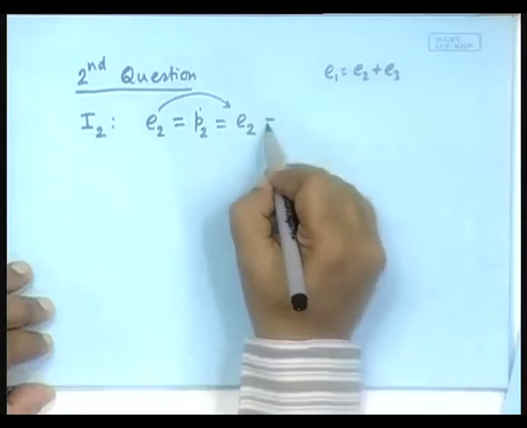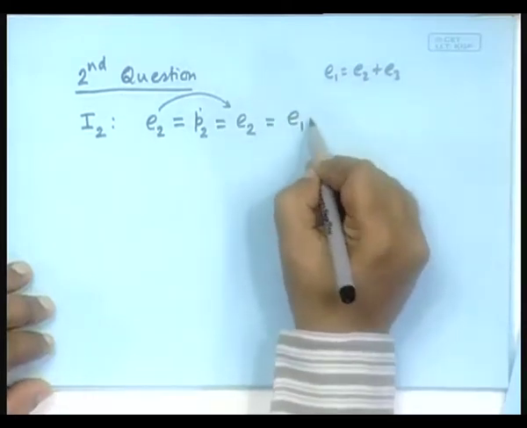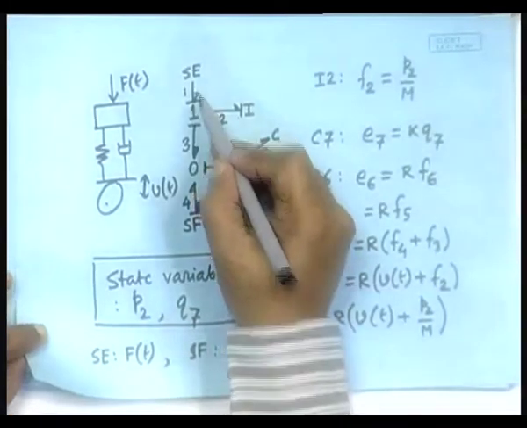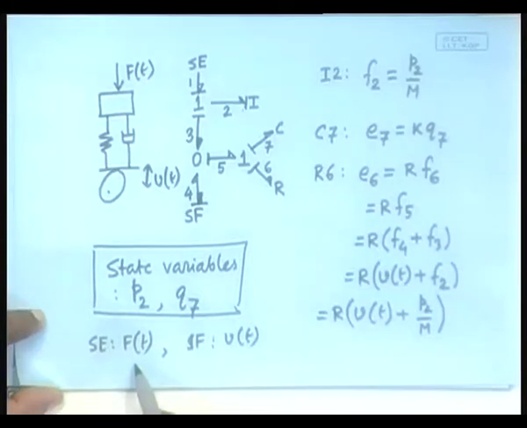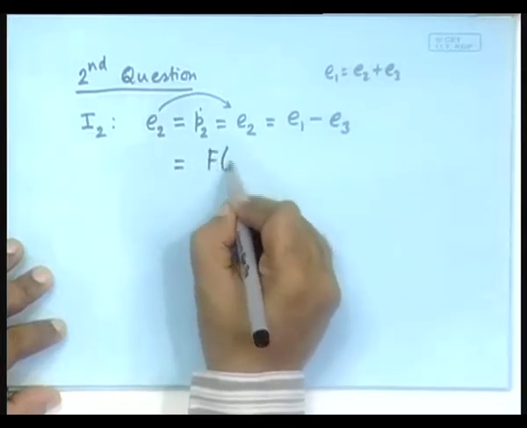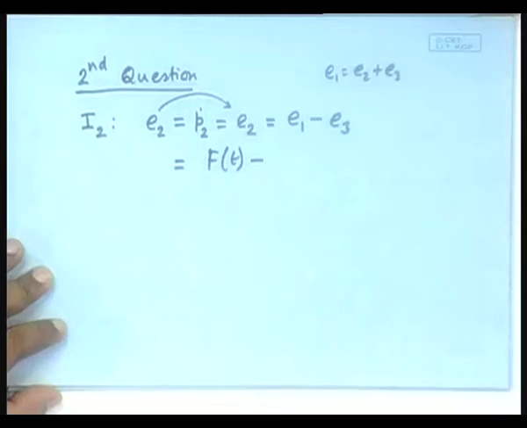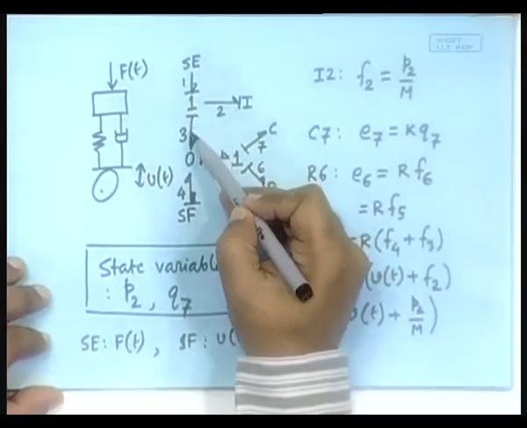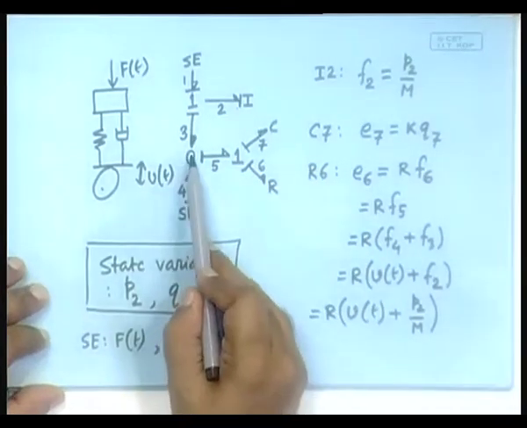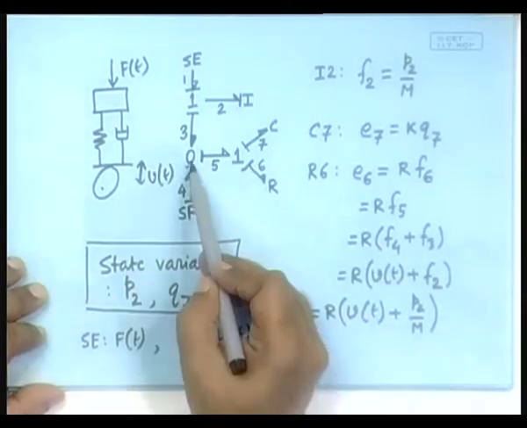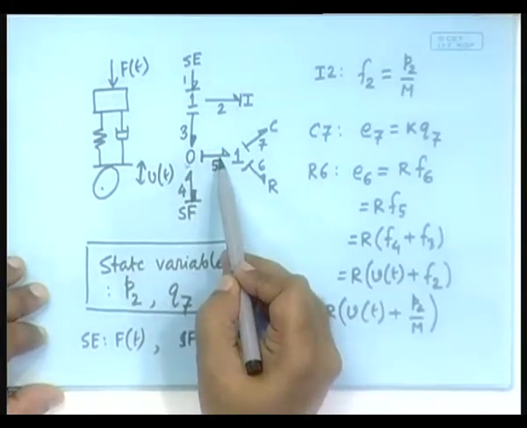So, we can substitute E1 minus E3. E1 is known, E1 is Ft, we substitute, so it is Ft minus E3. Now, where does that information come from? E3 is connected to a 0 junction, therefore, there must be a strong bond bringing in that information, which is this.